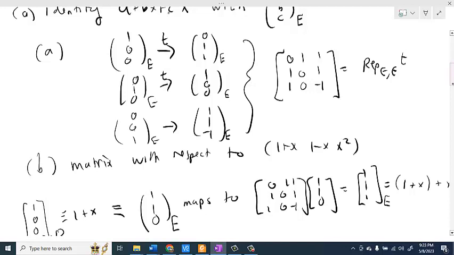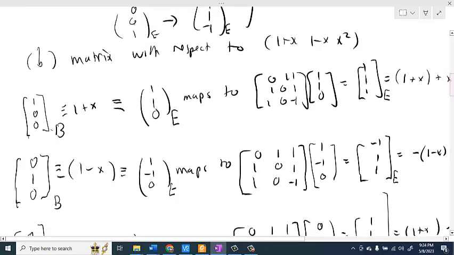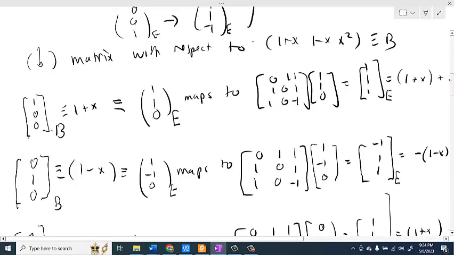Okay. All right, so let's look at the matrix now with respect to different bases. 1 plus x, 1 minus x, and x squared. Right. Now, this is my basis B. Now, in basis B, this first vector has the representation 1, 0, 0, because it's the first vector in my basis. So in basis B, that's its representation. I can write it as a polynomial, but in my standard basis, that's 1, 1, 0.